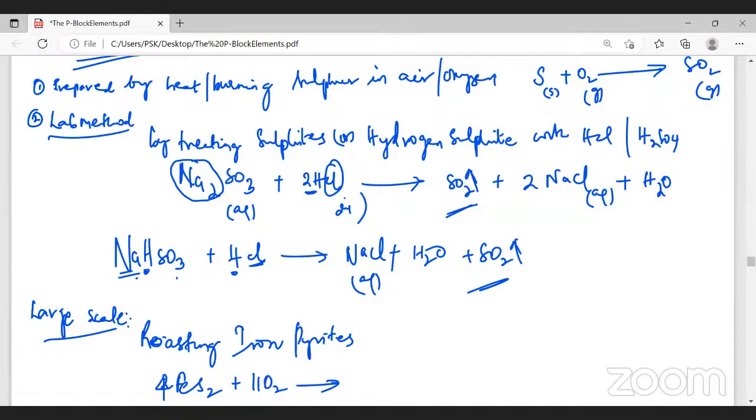When we roast it in the presence of oxygen, we get sulfur dioxide gas plus 2 moles of ferric oxide. So sulfur dioxide on a large scale is prepared by roasting the sulfide ore iron pyrites.